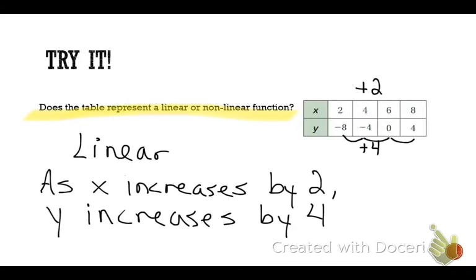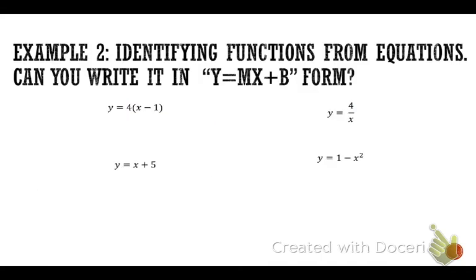Linear and nonlinear? Okay, so now instead of having a table of values, you're going to have an equation. And there are certain rules for whether or not an equation can be linear or nonlinear. We know the equation y equals mx plus b. That's nothing new. That is the formula for a linear equation.